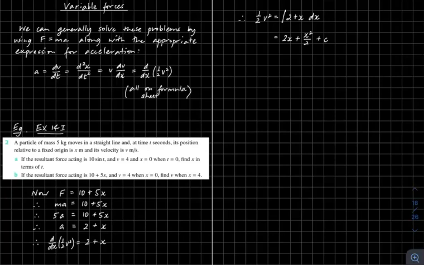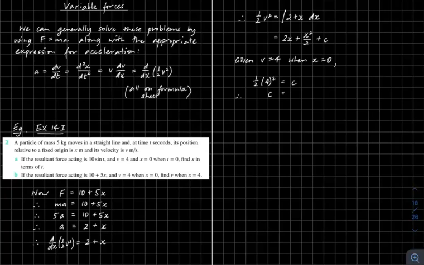Now, to work out c, what are we given? We're given the information here that v equals 4 when x equals 0. So let's substitute that in. Therefore a half times 4 squared equals, well, when x is 0, all we're left with on that side is c.